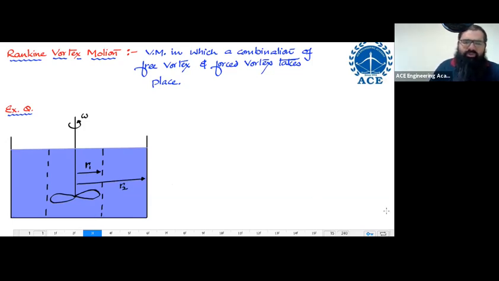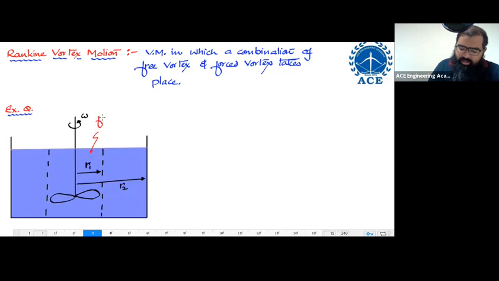Let us say r2 is very, very big. The value of r2 is extremely high. Now, within this centroidal region, that is the r1 region, what kind of vortex motion am I going to have? This vortex motion is experiencing an external torque such that omega remains constant.